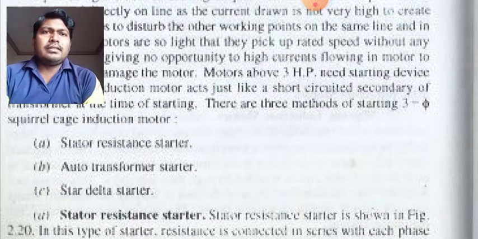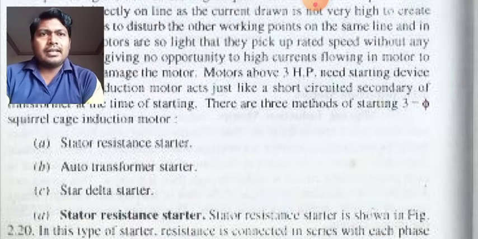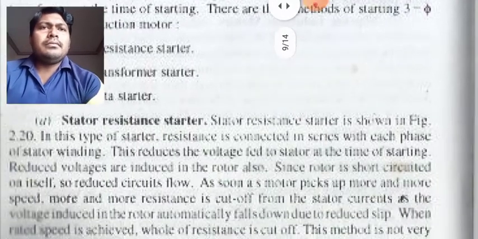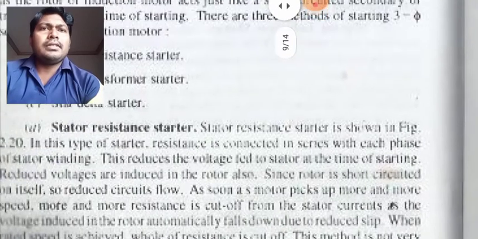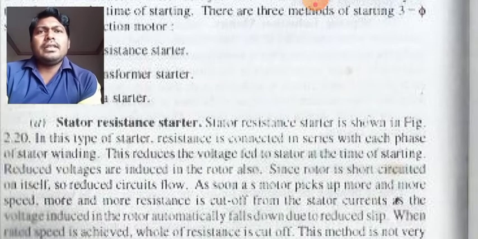Let us discuss the first type, the stator resistance starter, shown in the diagram. I will show you the diagram, but before that let us have this paragraph. In this type of starter, resistance is connected in series with each phase of the stator winding.